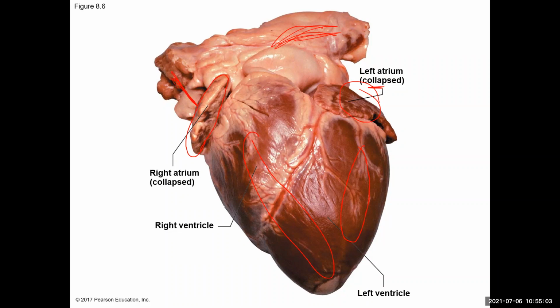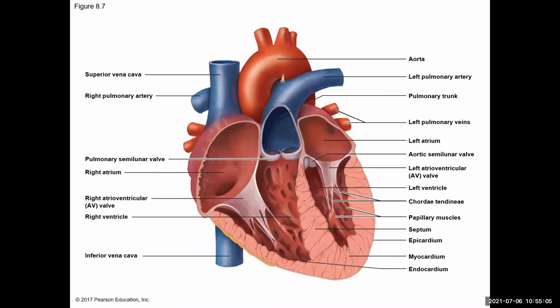And so what we're going to do is now we're just going to look at an artist's figure of the different parts of the heart. And I'm going to go over which ones you really need to focus on, because there are maybe one or two that you don't have to worry about. So with the heart structure, if you were given a figure, the structures you need to know are the superior vena cava, the pulmonary artery.